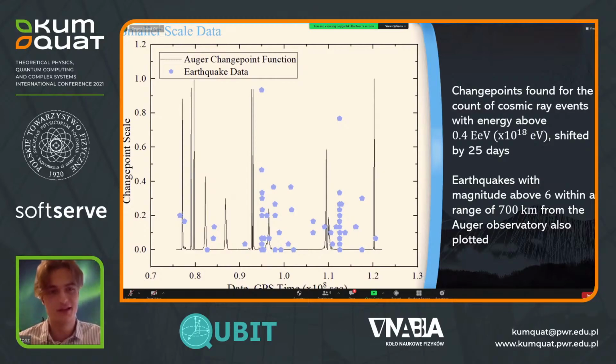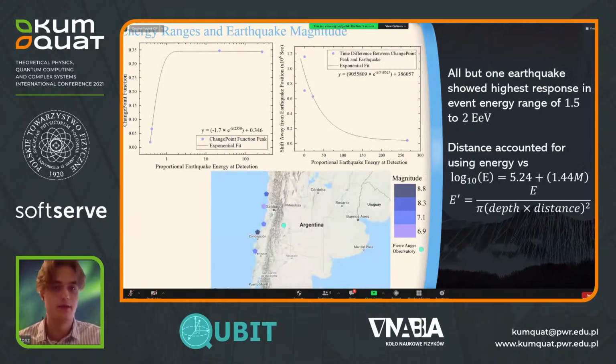You could say it's already over, but it turned out that we actually could get something out of it. And so we took the earthquakes in the near proximity of the Pierre Auger Observatory. And only one didn't fit our predictions concerning the exponential dependence on the proportional earthquake energy, which is this value.